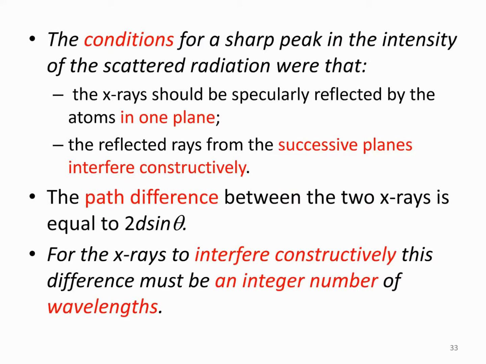Then the interference plus another interference will interfere constructively, so it will double the interference and you will get a very strong reflection or diffraction point. At the same time, the path difference between the two X-rays is equal to 2d sine theta, as I showed you just now. So for the X-rays to interfere constructively, this difference must be an integer number of wavelengths. So 2d sine theta must be equal to an integer number of lambda. It cannot be 0.5 lambda. If 0.5 lambda, then the X-rays will not interfere constructively.